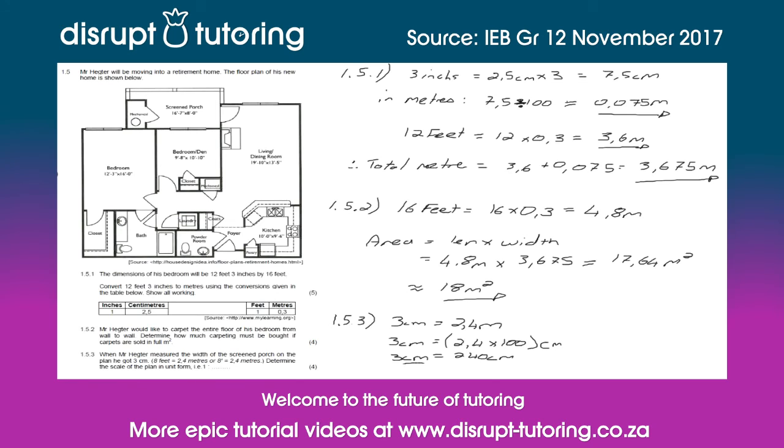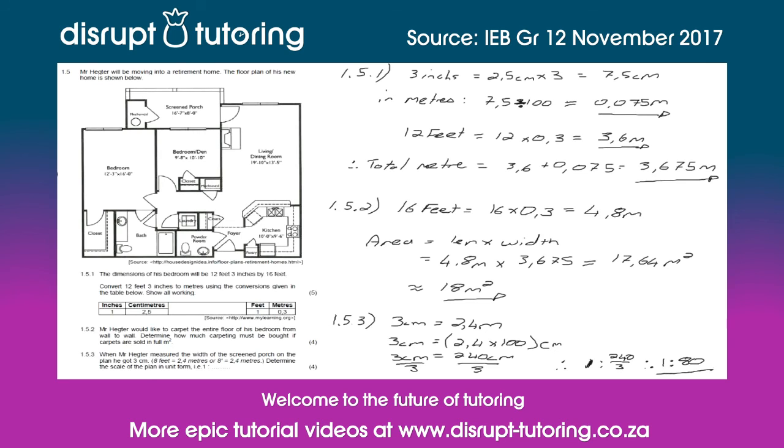So if we divide both sides by 3 to get it to 1 is to something, our final answer is 1 is to 240 over 3, and we can write this in simpler form as 1 is to 80.